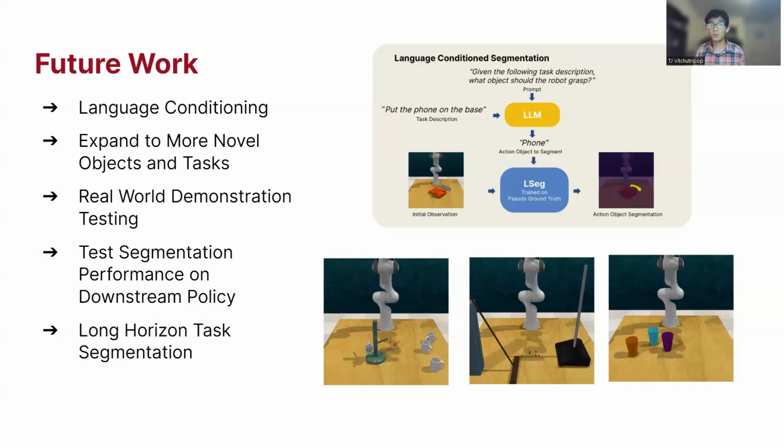And we'd love to test as well on real-world demonstrations, as we've only tested on simulated video demonstrations. Something that we also have to test is the segmentation performance and how it affects the downstream policy. And we'd also love to be able to segment long horizon tasks that involved multiple relative placement tasks.